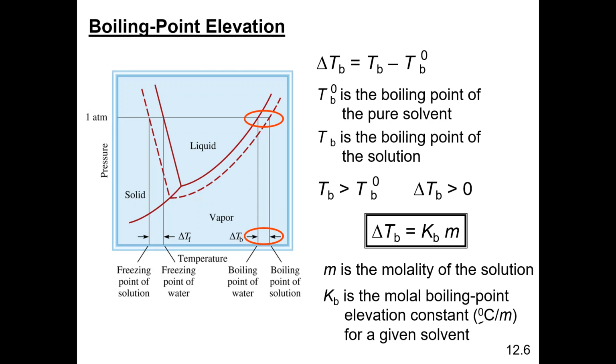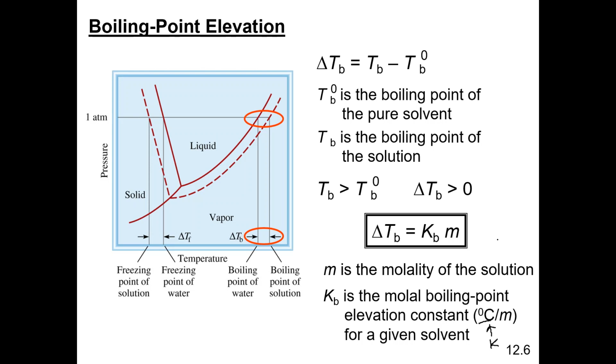You could easily replace the degree Celsius unit with Kelvin, right? K, all right? In some textbooks, you'll see the units expressed as K over M. It does not affect anything in terms of the actual value of the KB constant, all right? So that's basically what happens in the case of boiling point elevation.